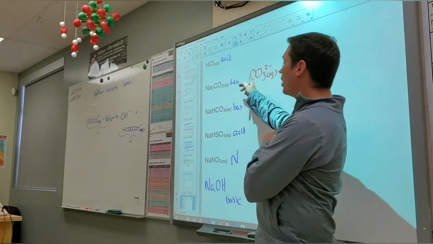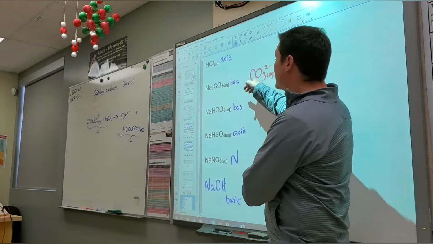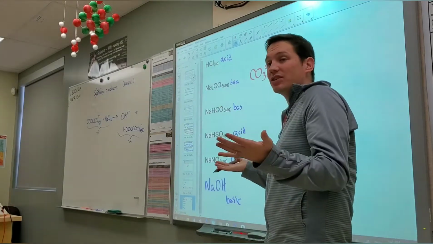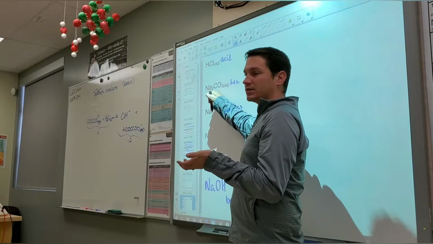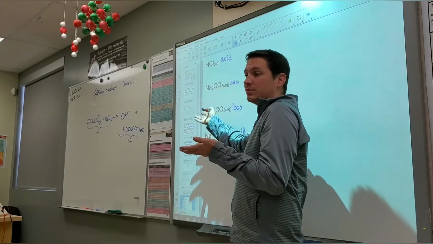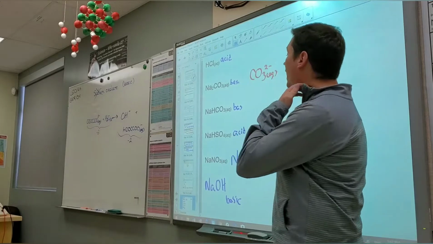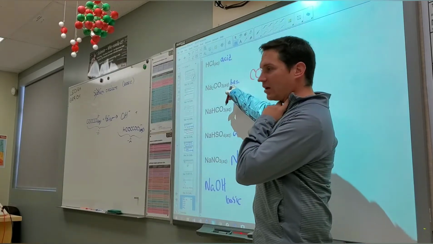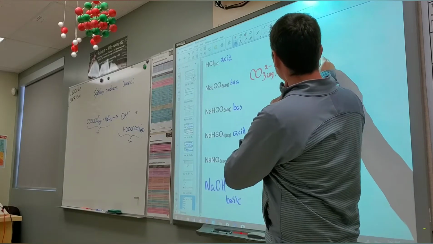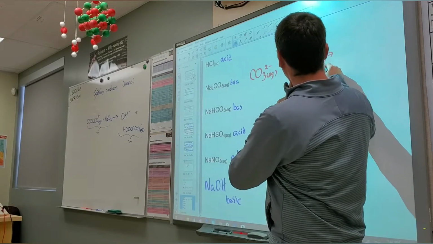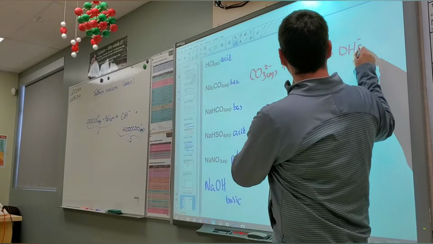So carbonate is really CO3 2 minus. You have to have the charge. You can't just have CO3, because that's not what carbonate is. Carbonate is CO3 2 minus. It's a polyatomic ion. Now, because it's basic, when this thing reacts with water, what does it produce? It produces hydroxide.